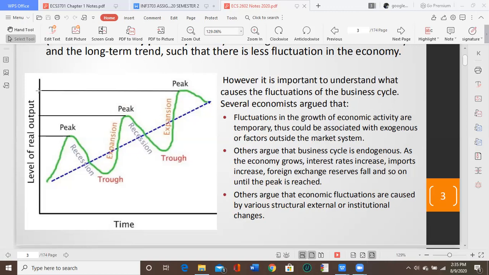So it's showing us that over time, the level of economic activity is increasing. We're now at this point, and from this point, we are now on this point. So this is our trend.